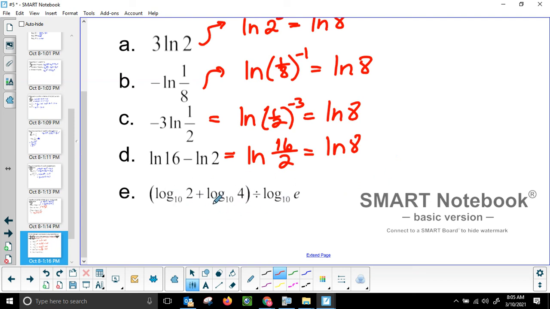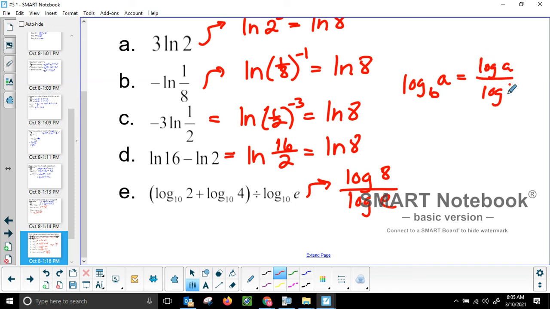All right, this is the only difficult one. So here we're going to have, and remember, log base 10 is just log. So this is log of 2 times 4 is 8 over log of e. Now at the very beginning, we talked about the change of base formula, and we said that log base b of a is equal to log of a over log of b.